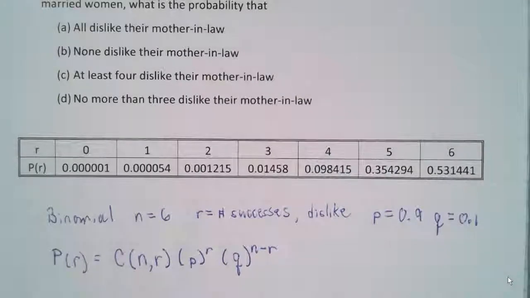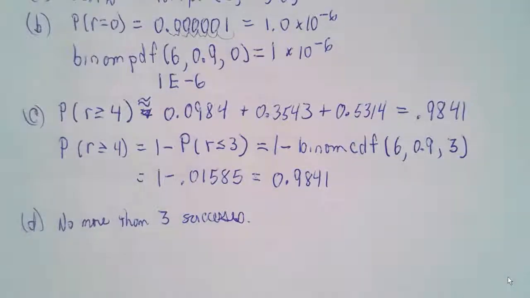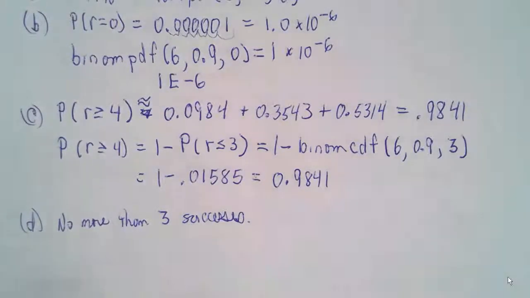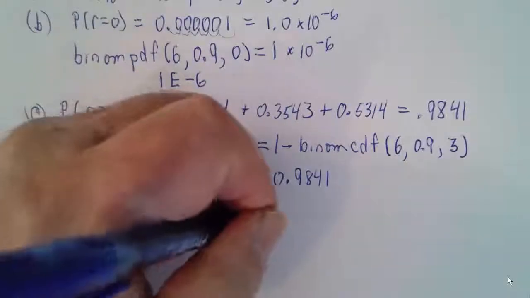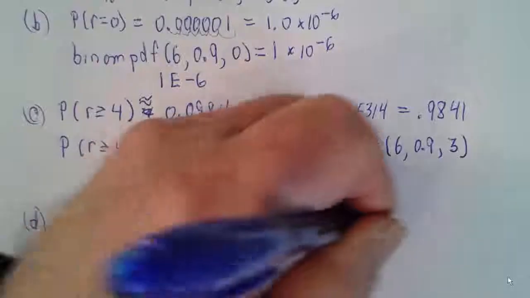What is the probability that no more than 3 dislike their mother-in-law? Okay, no more than 3 successes would mean this: 0, 1, 2, or 3 successes.